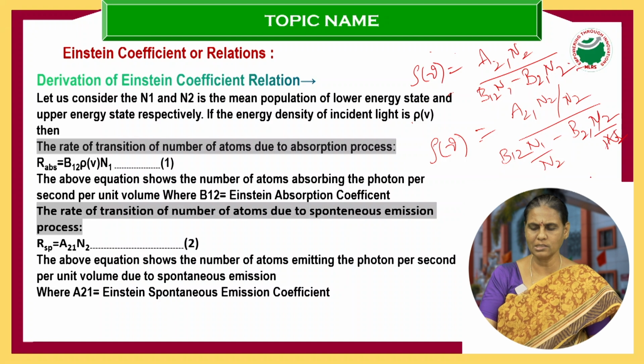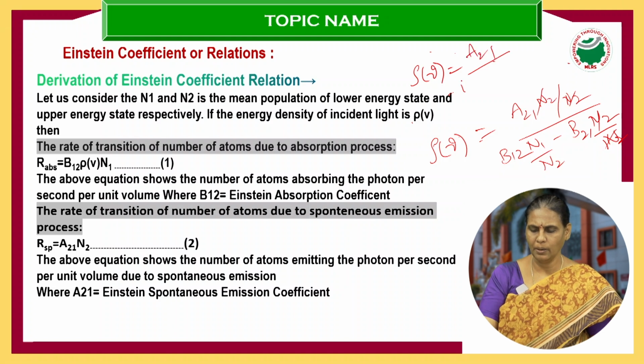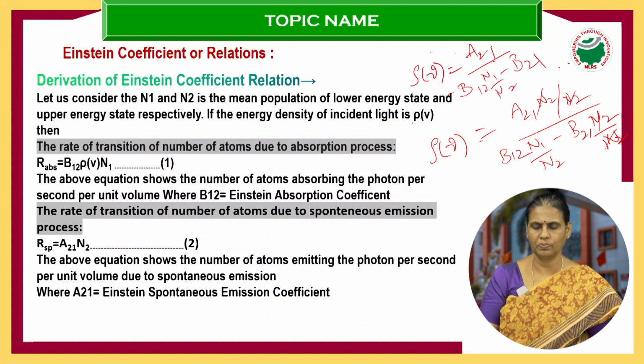Now you can cancel this. You are left with rho of nu equal to A21 by B12 N1 by N2 minus B21.